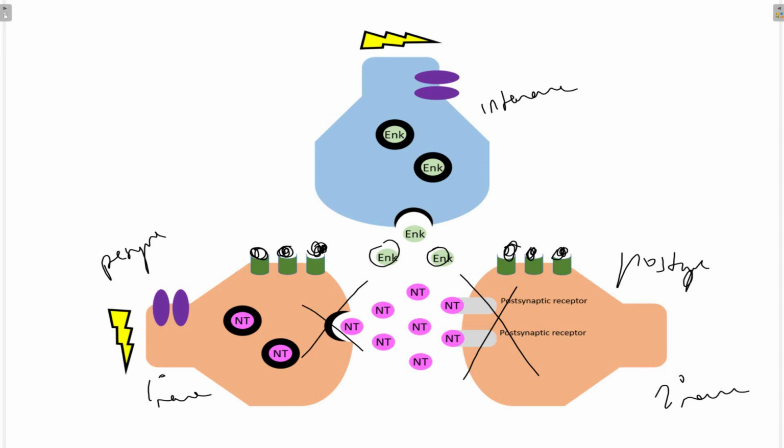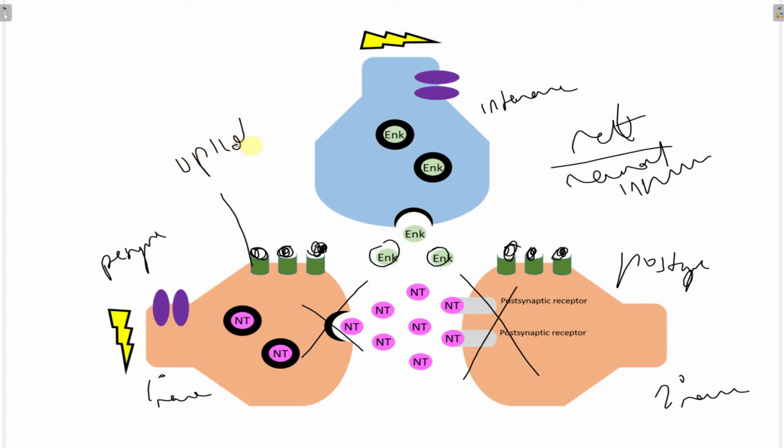And obviously that's going to leave us with a net effect of neuronal inhibition, and then we're going to get termination of our pain signal. Now, as you can see, this means exogenous compounds or drugs which bind to opioid receptors may actually terminate pain transmission.